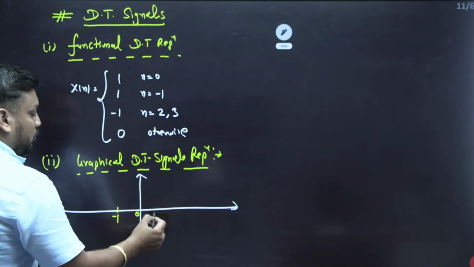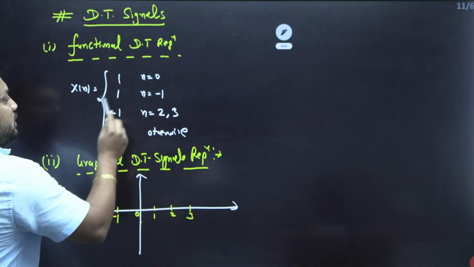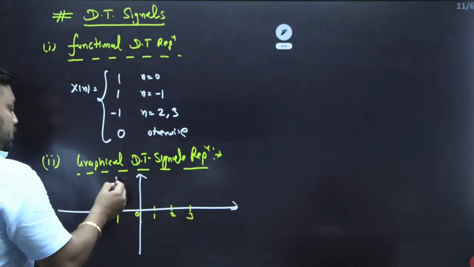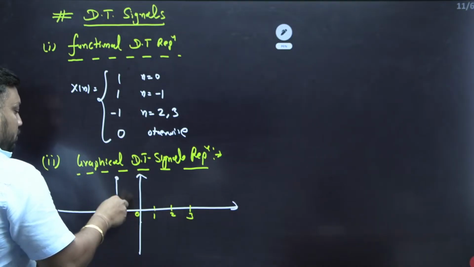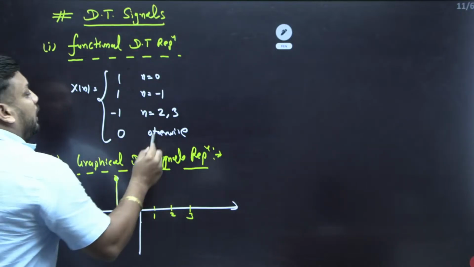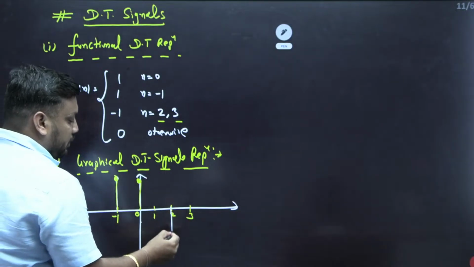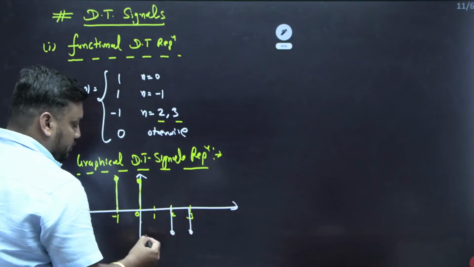At n equal to 0 and minus 1 the value is 1, so here we write 1, and here also we have a magnitude of 1. And at 2 and 3 it is minus 1, so here also minus 1.